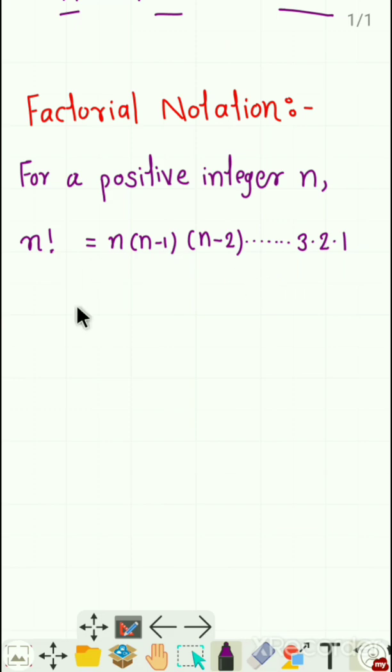For example, let us take one example. If I take n equal to 4, then 4 factorial is 4 into 3 into 2 into 1, and that product is 24. Now let us take one more example.